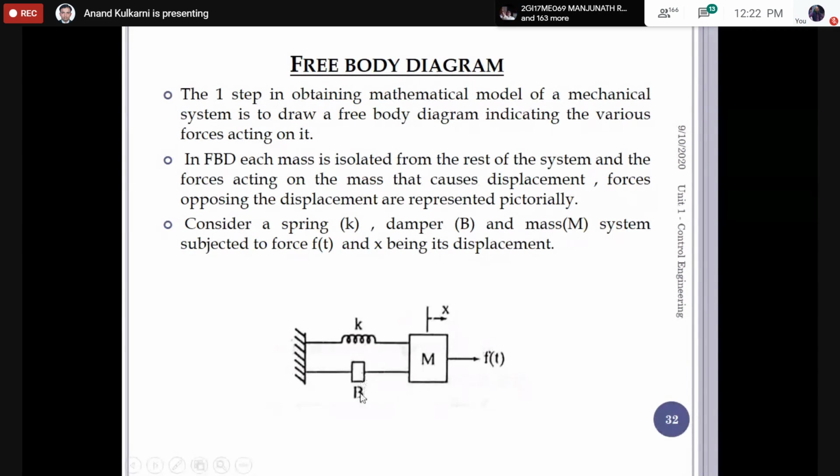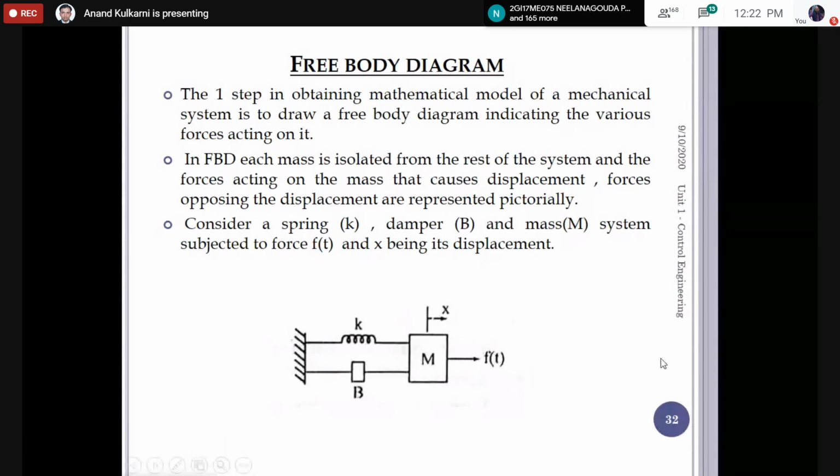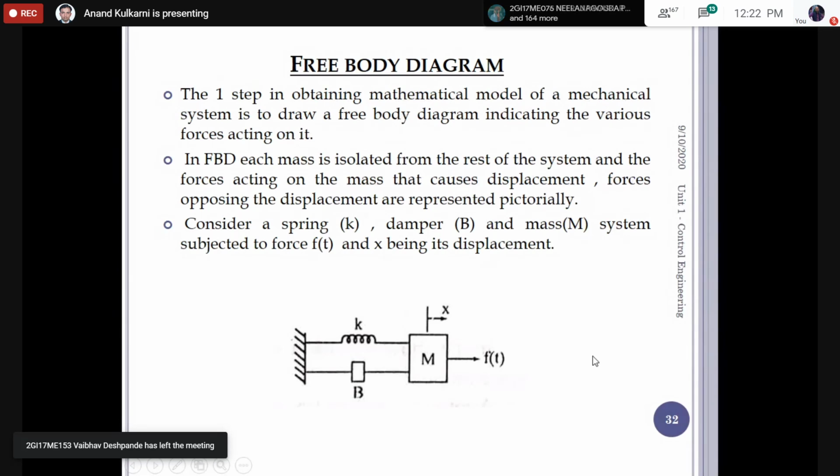The spring has stiffness k and damping coefficient b, and as this end is fixed, net displacement is x only. So the spring and the frictional damper are both stretched by x towards the right, and the force is also in the same direction, because the displacement will be in the same direction as the force in this case.